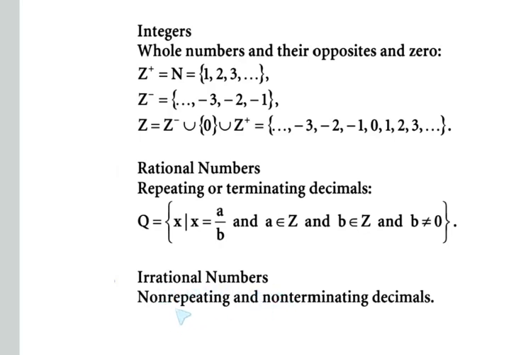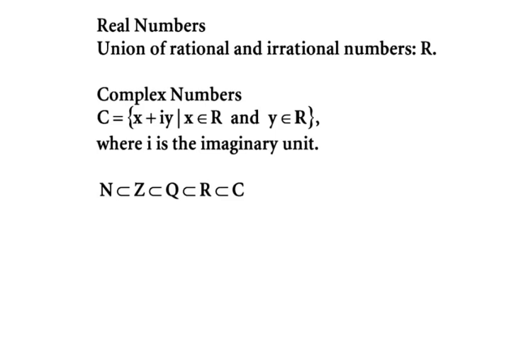Irrational numbers: non-repeating and non-terminating decimals. We cannot write them in the form p by q, a by b. Real numbers: the union of rational and irrational numbers is called real numbers. In the real numbers we have rational numbers and irrational numbers.